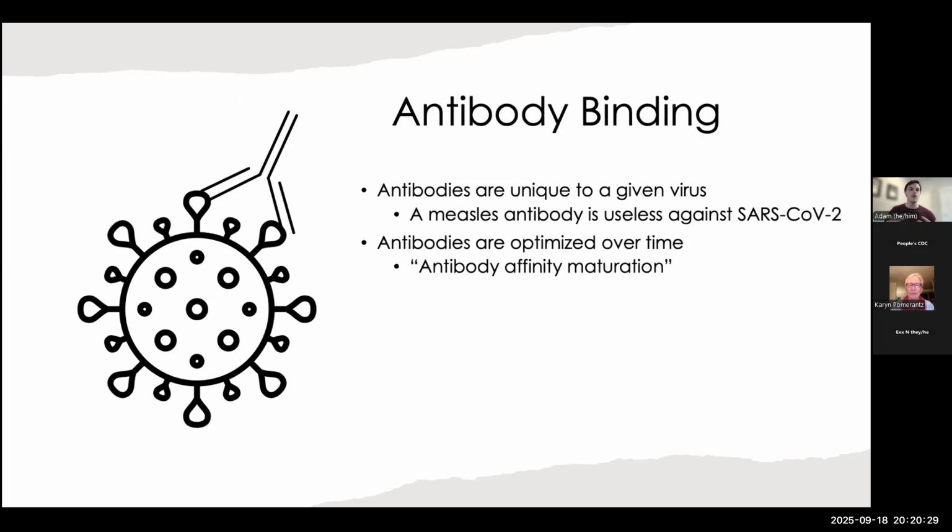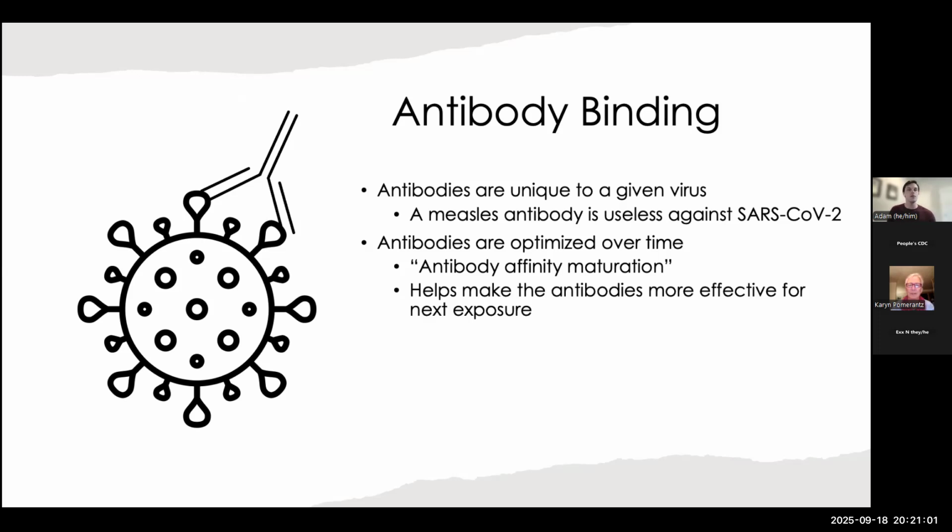When you are first infected with a virus, your body is going to pump out some antibodies and they're going to be okay, but they're not going to be the best that they can be for a virus. Over time, even after the infection has ended, your body is continuing to make the antibodies a better and better match to the virus that it just saw. So it can bind to it better. The affinity has matured, antibody affinity maturation.